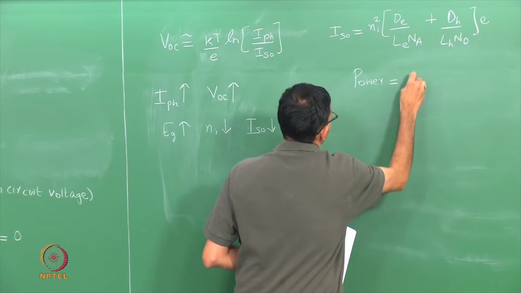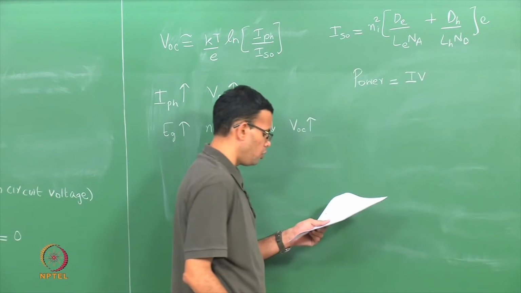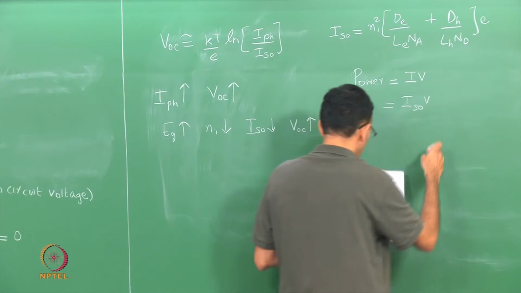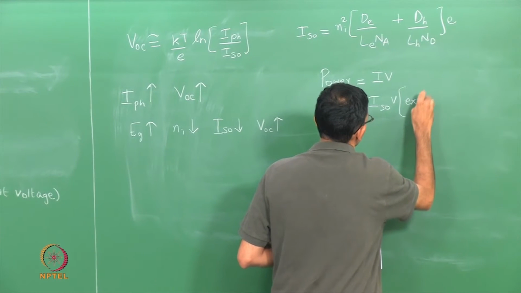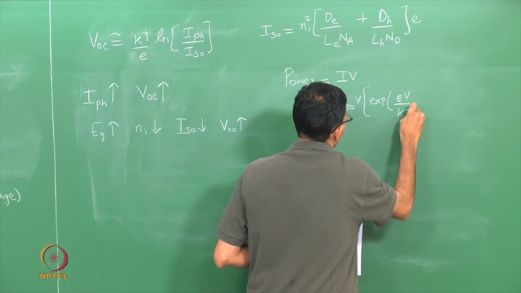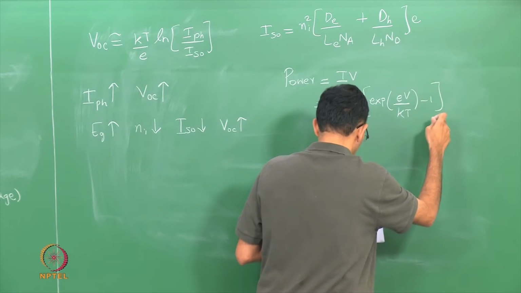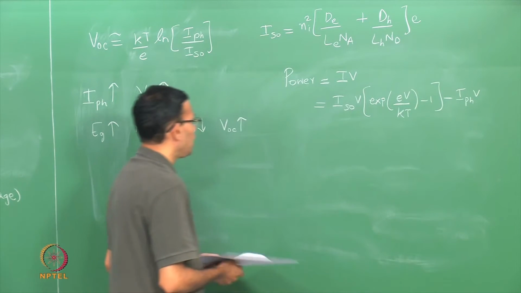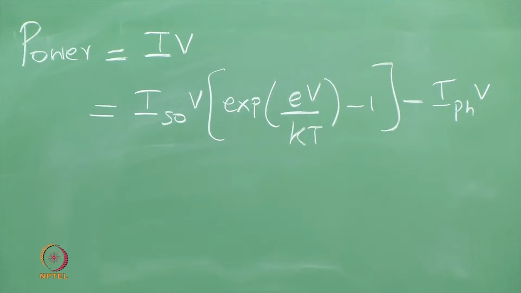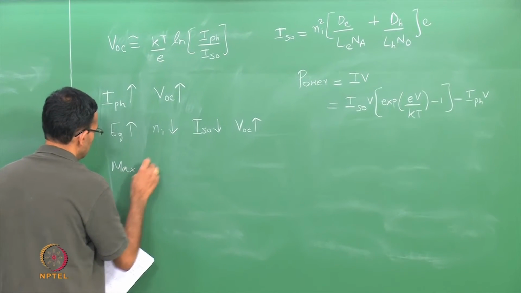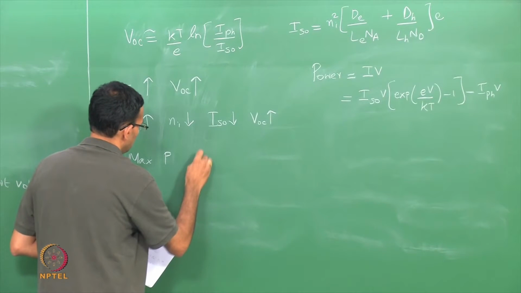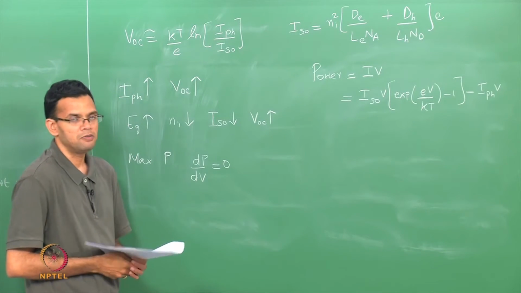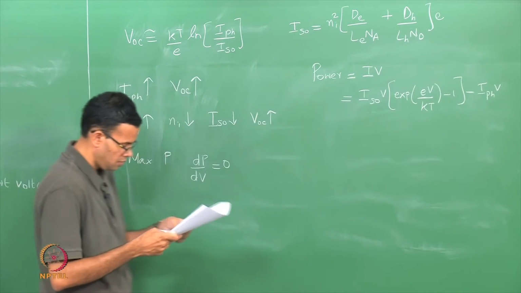The power is nothing but I times the voltage, which is ISO V exponential eV over kT minus 1, minus IPH V. In order to have the maximum power, dP over dV should be equal to 0. So we are just differentiating this expression.